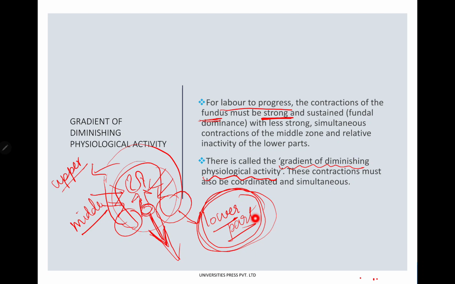So what does it mean? In the middle zone the activity is more, and in the lower part the physiological activity is less. That is why this labor process is otherwise known as gradient of diminishing physiological activity.